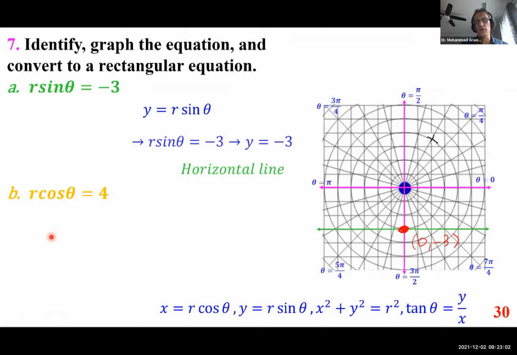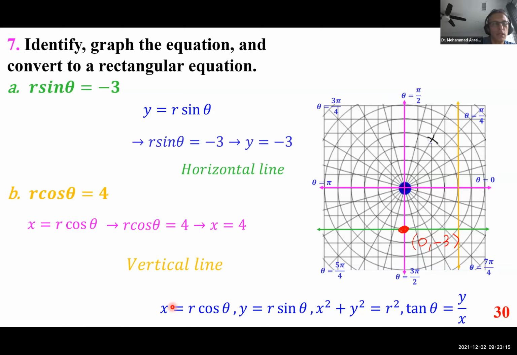Our r cosine theta, we go back to this one, r cosine theta is x. Therefore, x must be 4, which gives rise to a vertical line, x equals 4. And let's do the same thing here.